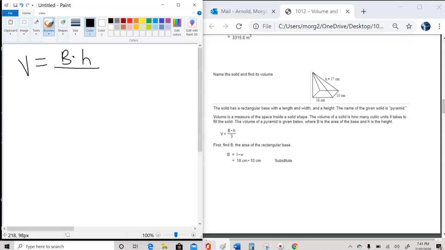Volume equals capital B, which represents the area of the base, times H, which is still the height, and all divided by 3.